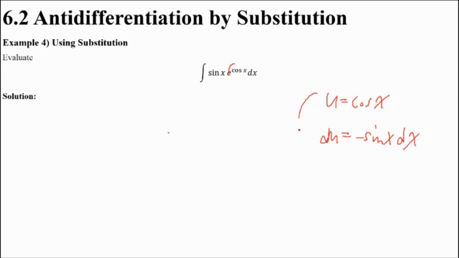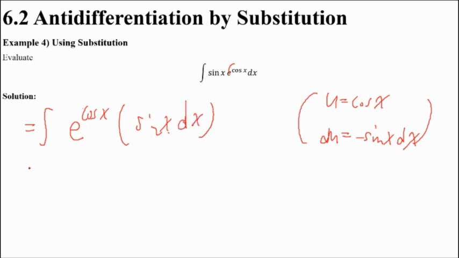So we're going to substitute. The original function: e to the cosine x will be e to the u, just write down one more time, times sine x dx. Okay, so e to the cosine means e to the u, and we need a negative sign, so make a negative sign in front, and just du.